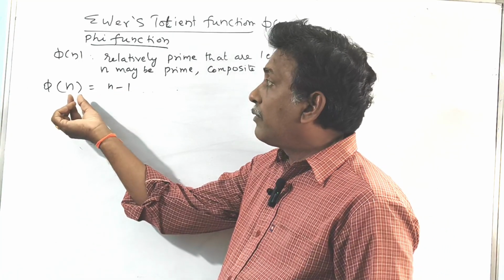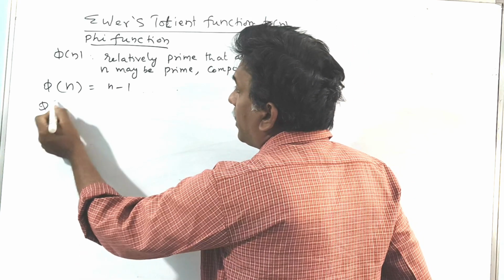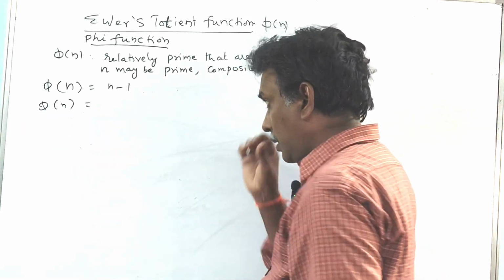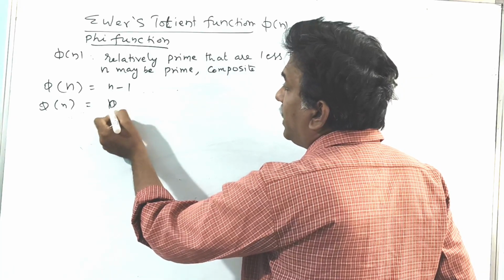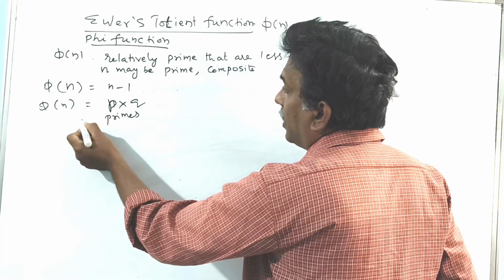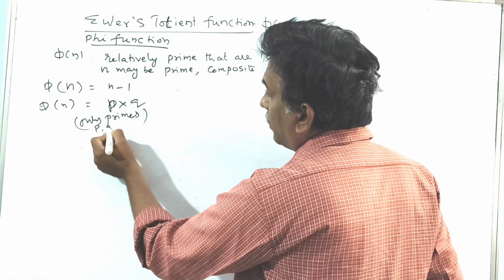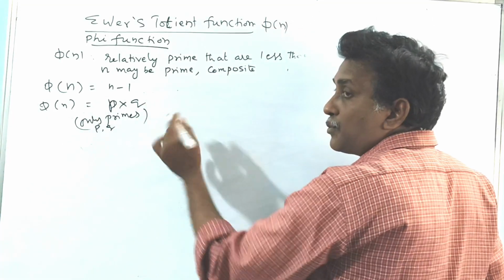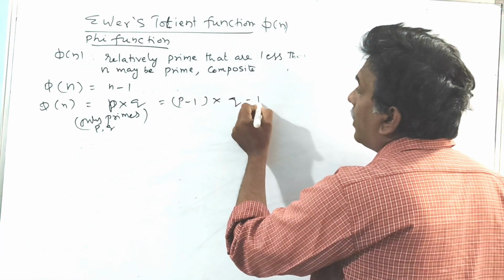For a small prime number, you can use n minus 1. For medium numbers which are like p into q, only primes, pq, then use the formula (p minus 1) into (q minus 1).